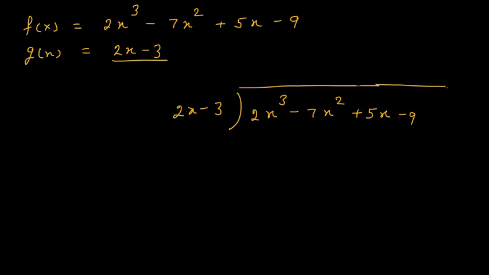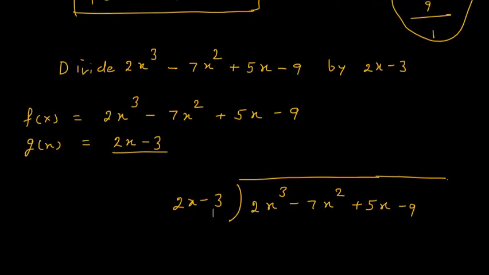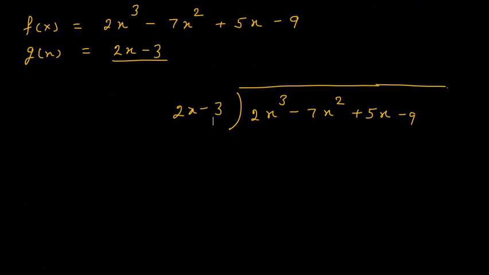Now, I have to divide this polynomial by this polynomial. So let us see how we work it out. This is a little different from what you are doing here. It is different in that we go term by term, like this 2x cube. First, on the rough page, you divide this 2x cube by the first term 2x and see what you get. The 2 and 2 will cancel, and the x and x cancel, and you will get x square.